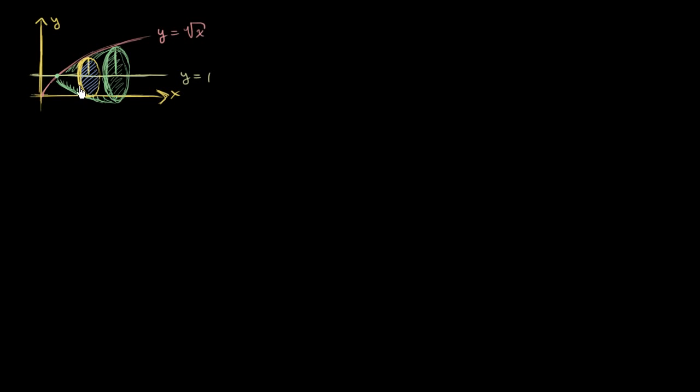So what's the area of this face? Well, it's going to be pi times the radius of the face squared. Now, what's the radius of the face here? Well, it's not just square root of x. Square root of x would tell us the distance between the x-axis and our function. It's now square root of x minus 1.